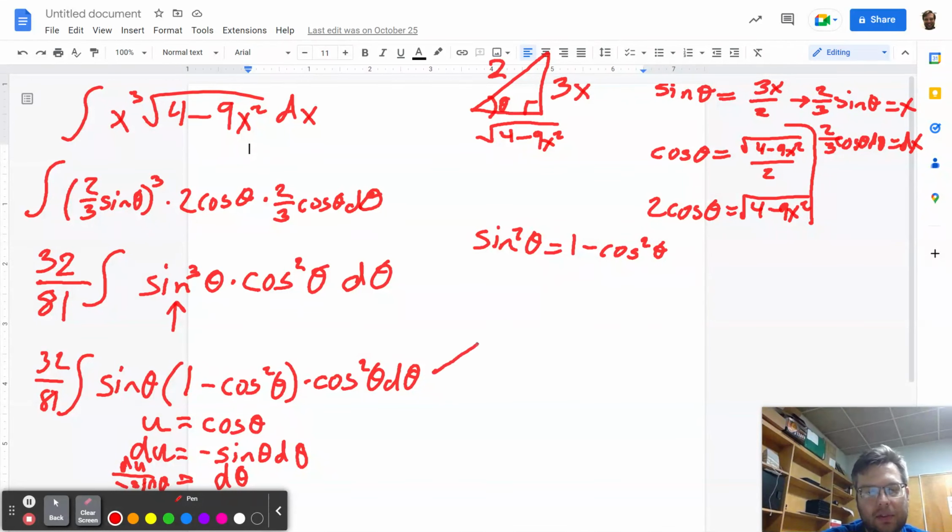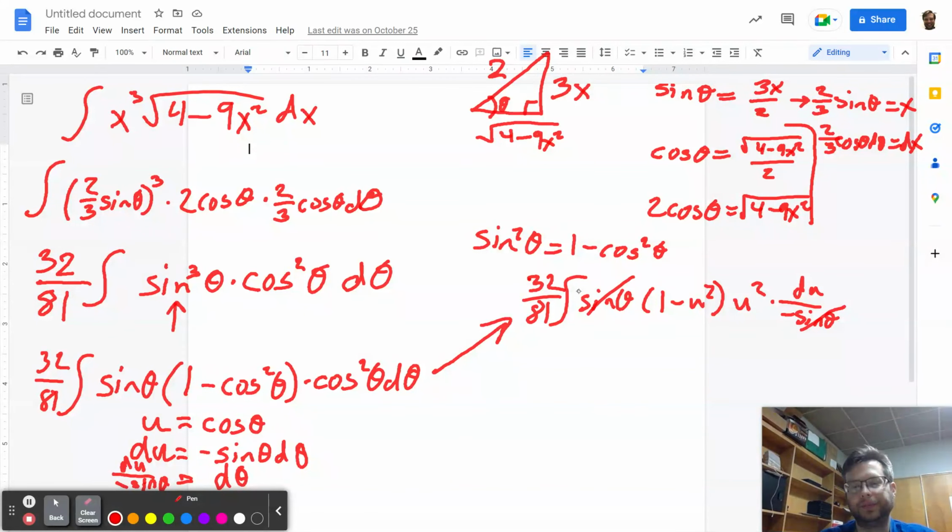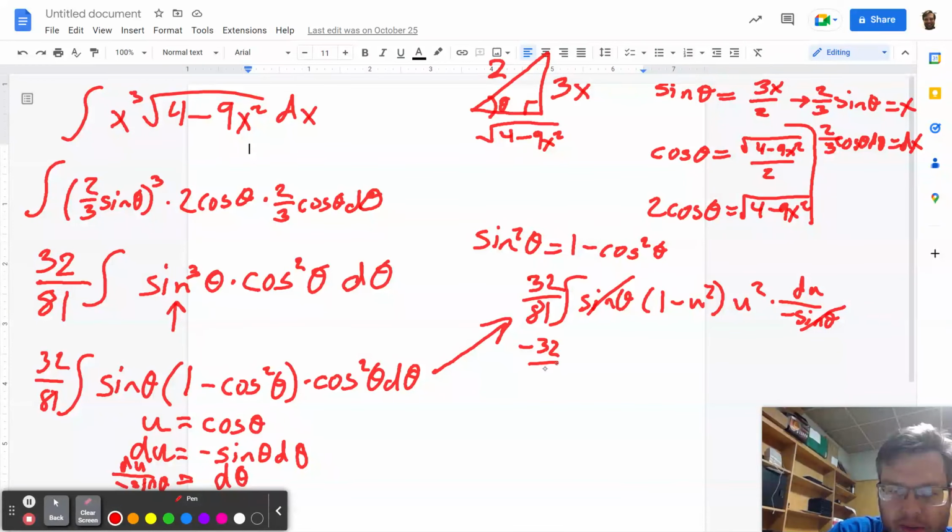So if I substitute everything in, I've got 32 over 81 integral sine theta times 1 minus u squared du over negative sine theta. So cancel out the sine thetas. Let's write everything in terms of u. I'm going to bring the negative out front. So now I have u squared minus u to the 4th du.